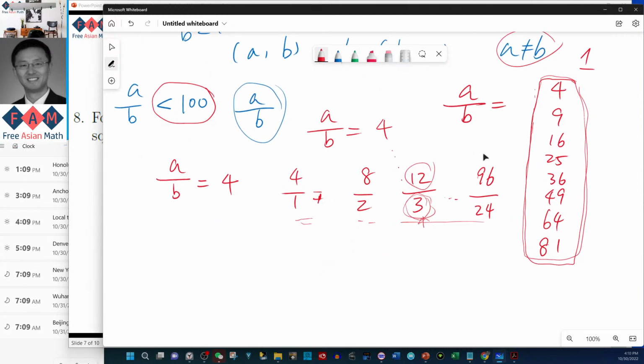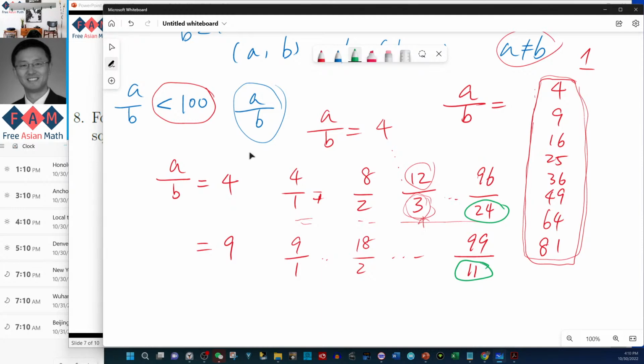Okay, so the next one would be 9. Exactly the same idea, but this time it will converge much faster. Because the maximum you can get is 11 here, you get 99. So just make sure that you remember what we are doing. We are counting each row to get the total number of possible cases.